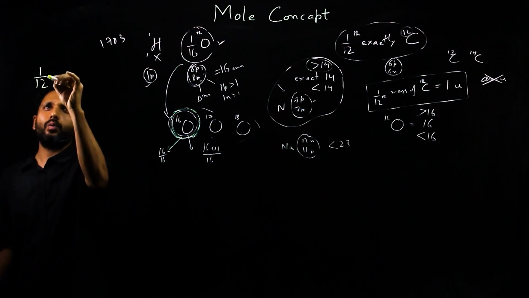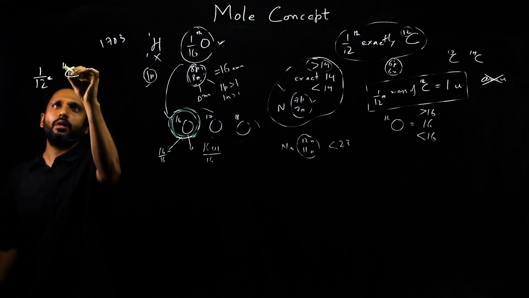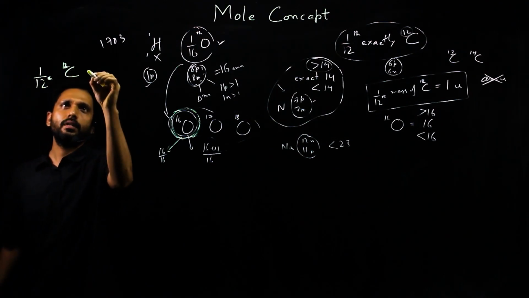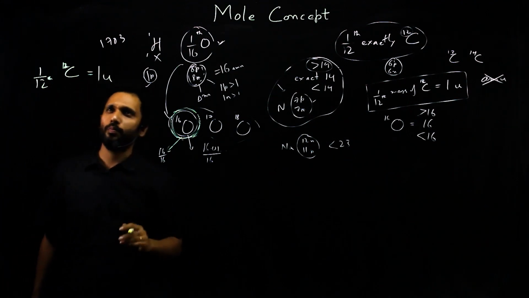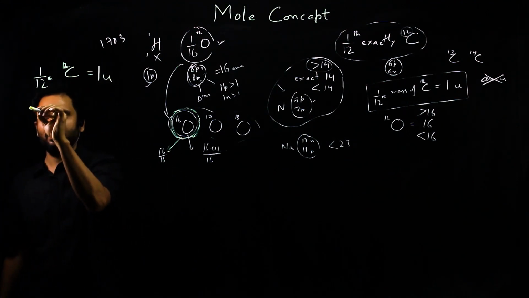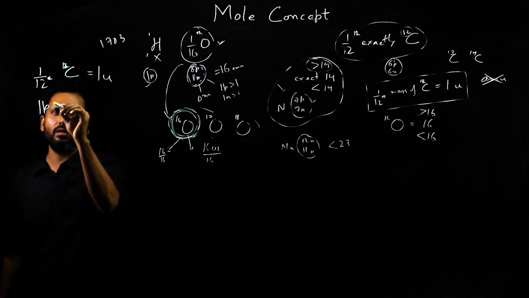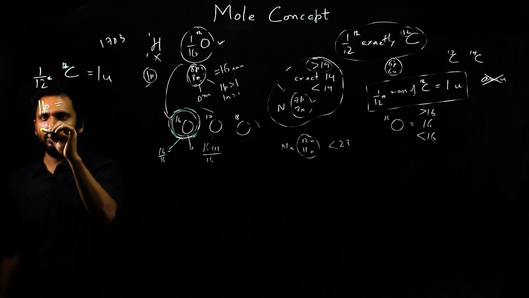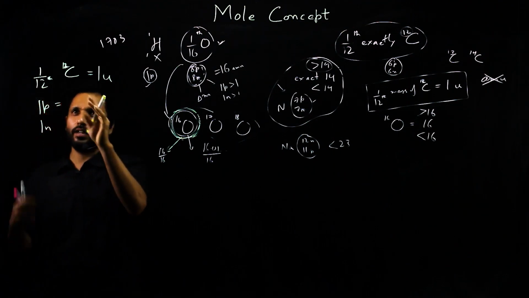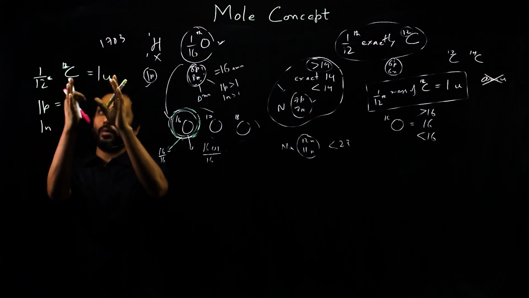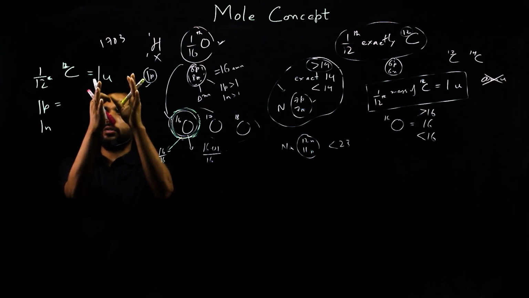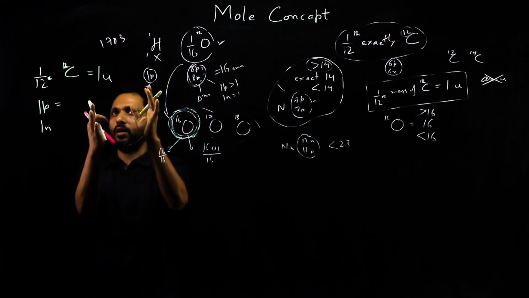Now 1/12 of carbon 12 is 1 U precisely. So what do you think? One proton's weight would be more than a U, or less than U, or equal to U? So obviously when 12 of them are combined, it is 12 U. So individually it will be more than 1 U.